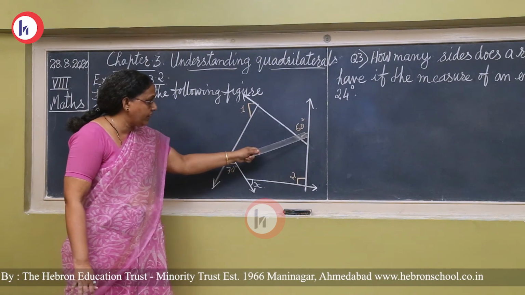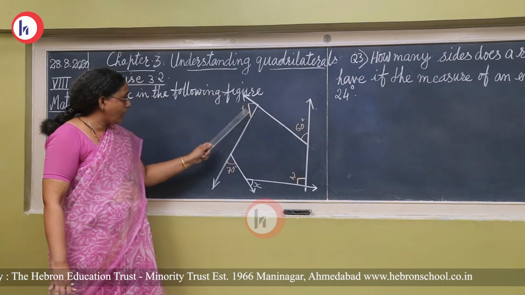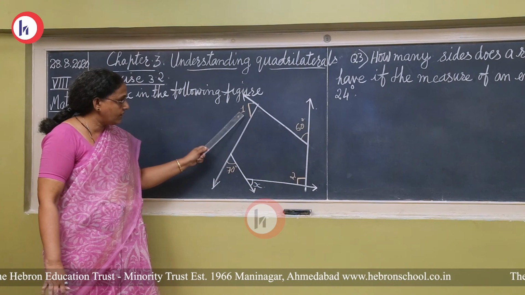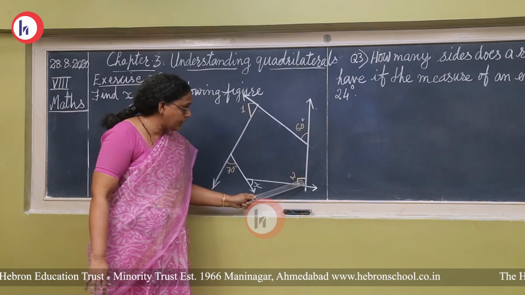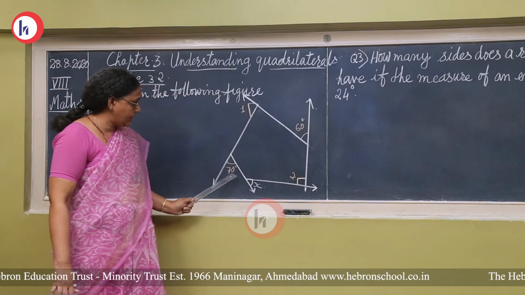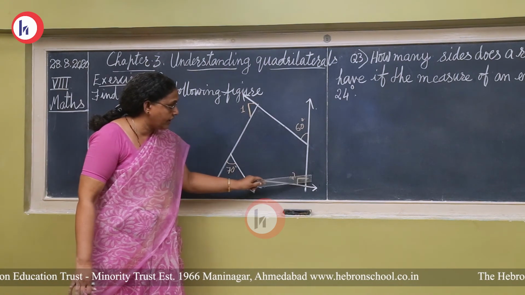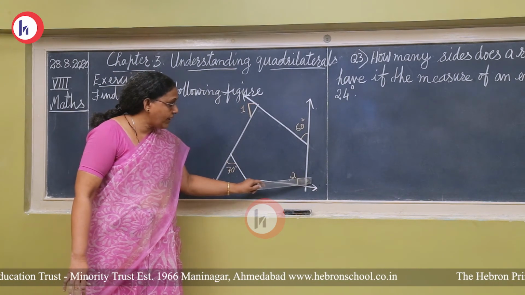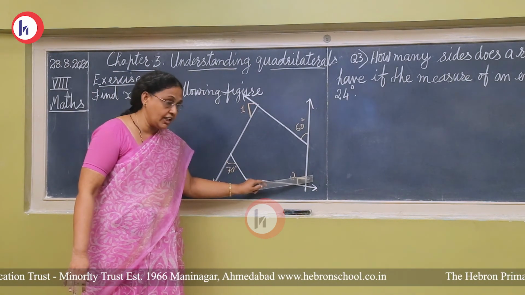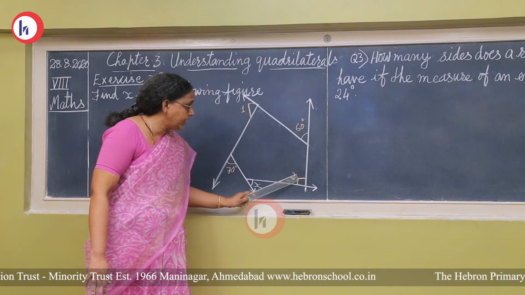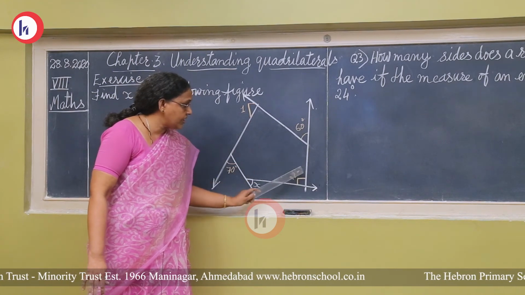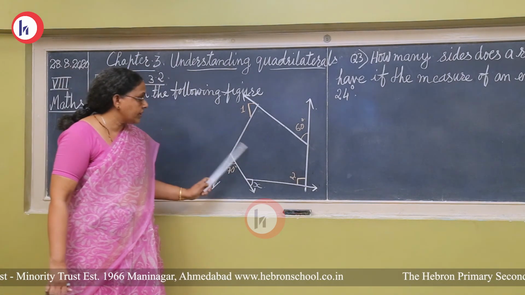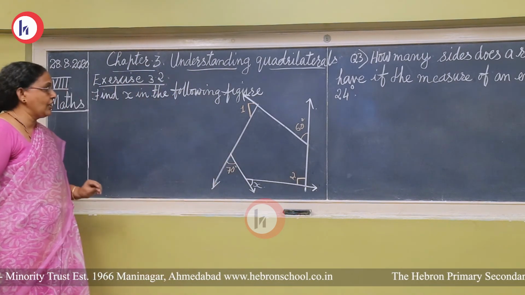Now 60 is already given, and the symbol here means it is 90 degrees. Here also it is 90 degrees, then 70 is another one. Now here we have to find out. Can you get any idea about this? This can be found by using the property of linear pair, because one is 90 degrees, the other one is 180 minus 90, which will be 90 degrees. That way we can find the value of x.